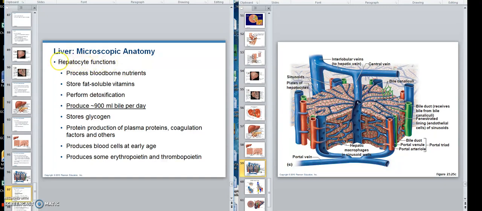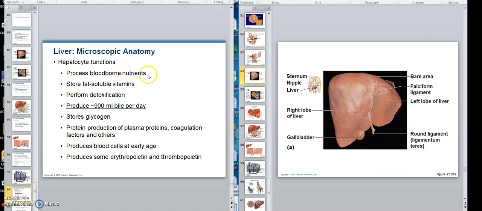Hepatocyte functions. Hepatocyte is a fancy name for one liver cell. Process blood-borne nutrients. Now remember, everything that comes from the gastrointestinal tract, stomach and intestines, is going to go through the hepatic portal veins that led everything into the liver.